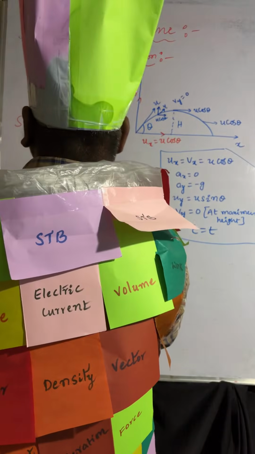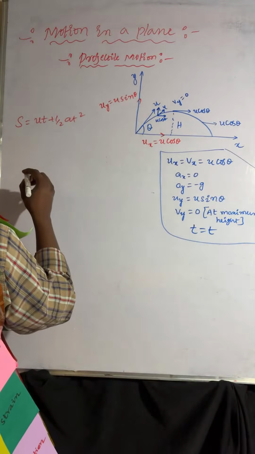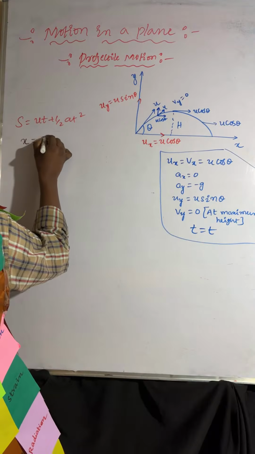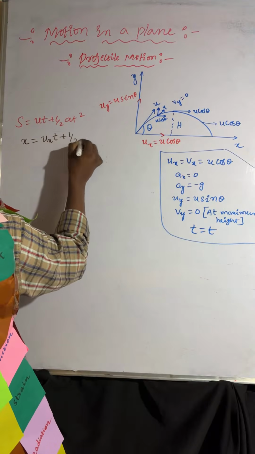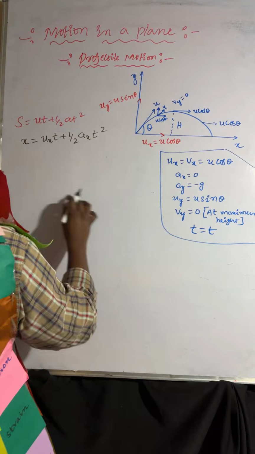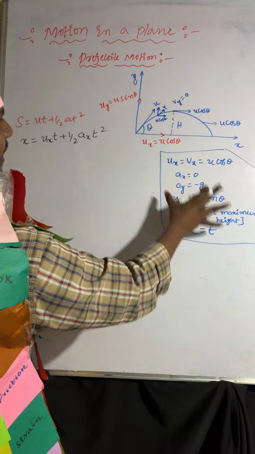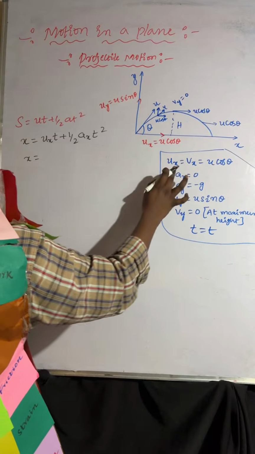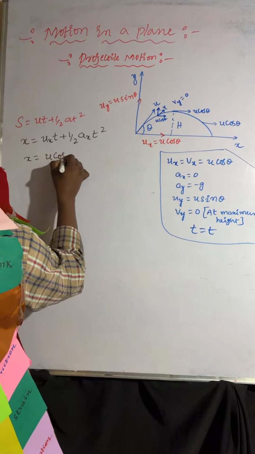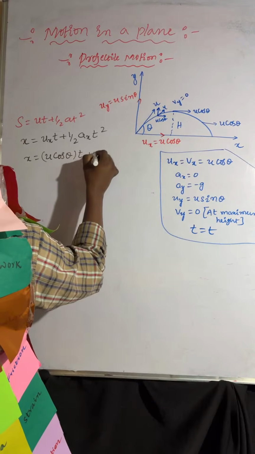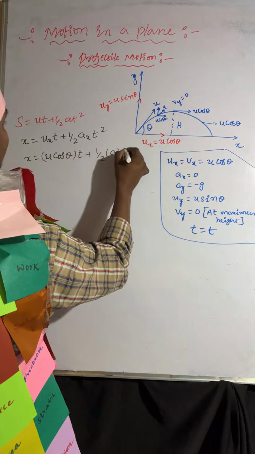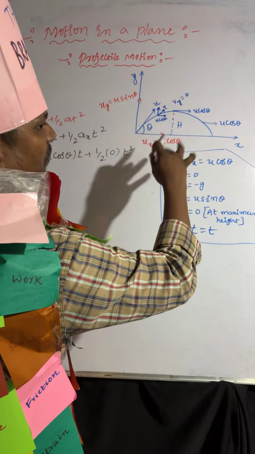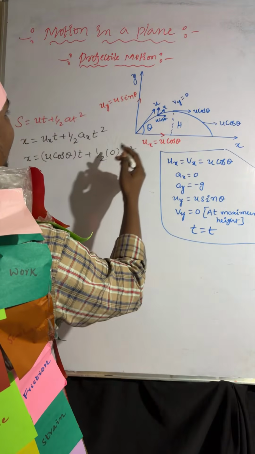Now you can see here, S equal to ut plus half at square. Along the x-axis, x equal to uxt plus half into ax into t square. Substituting the values, ux equal to u cos theta, and ax equal to 0 because of constant velocity; u cos theta is the same throughout the path.